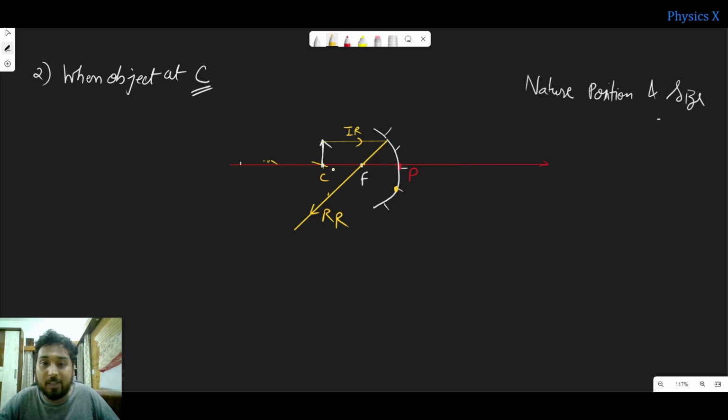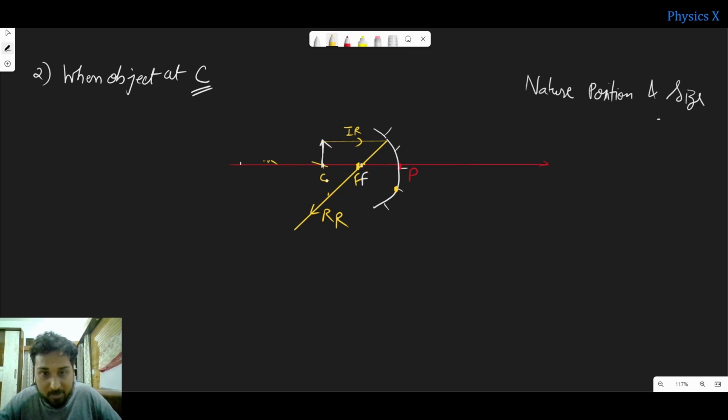And another incident ray I can consider as passing through the focus. The inverse is also true. If this incident ray is passing through this focus point, then the reflected ray will be parallel to this principal axis. That is also a rule. So somewhere in this diagram, maybe somewhere here, the focus point is there.